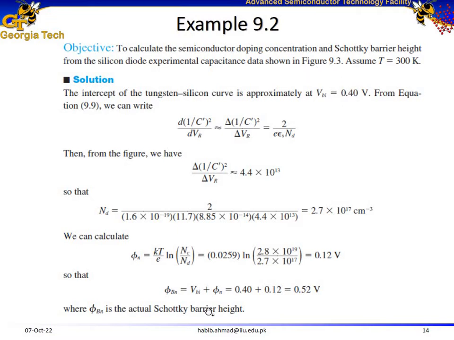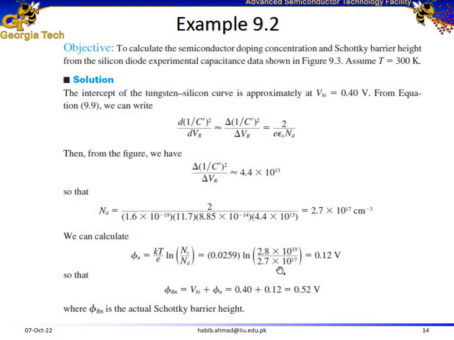So we know our VBI, we don't know phi n, but we can easily calculate phi n from this relationship, where NC once again is a fixed value for semiconductor material, the density of states in the conduction band. For silicon, its value is going to be this one in the conduction band, but in the valence band, it's going to be a different value.